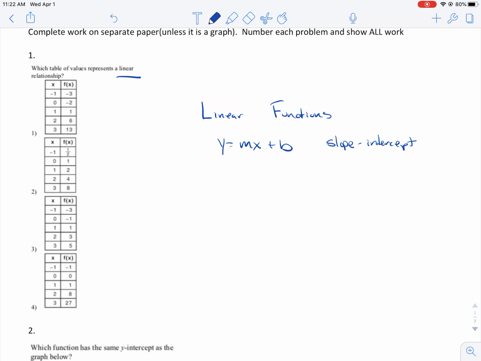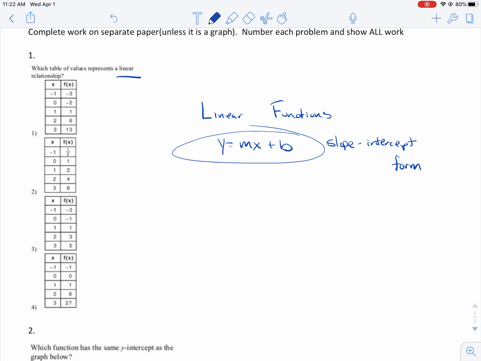One important thing to remember is, let me write what this looks like in what we call slope-intercept form, okay? Slope-intercept form.